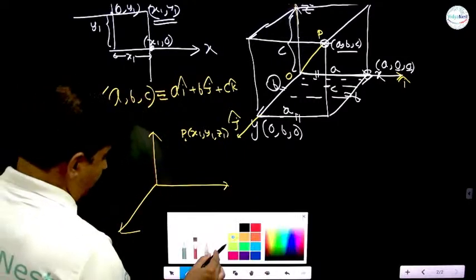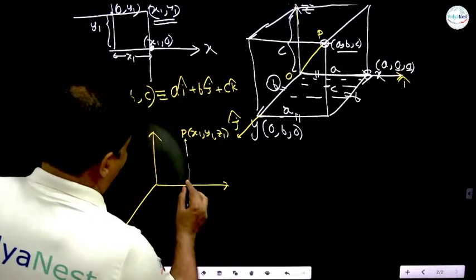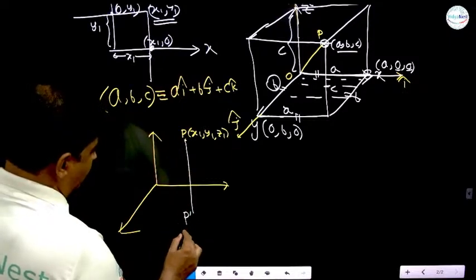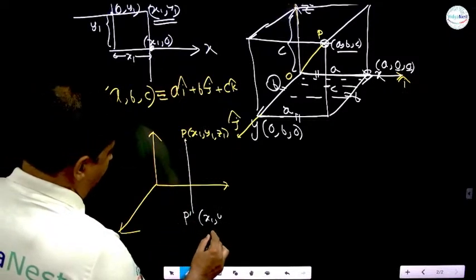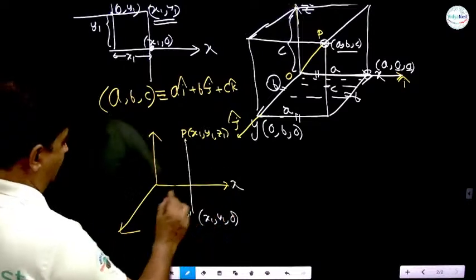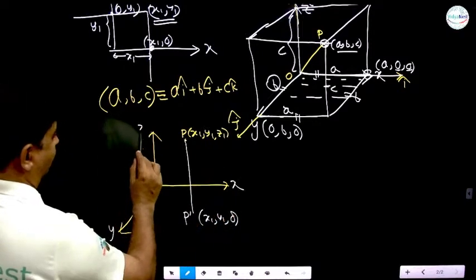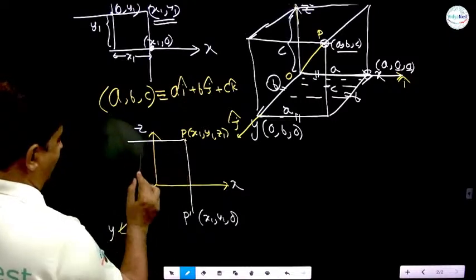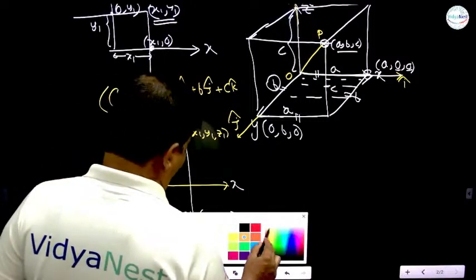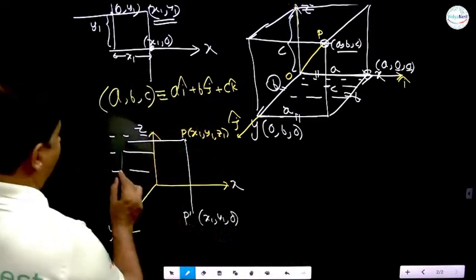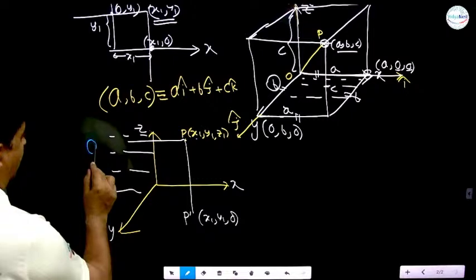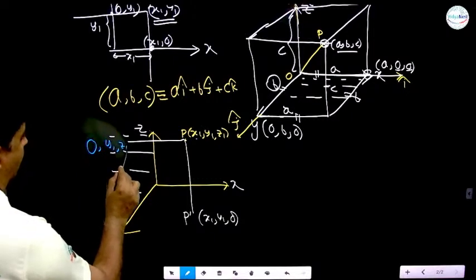See, from here, if I drop a perpendicular, I will get the foot of the perpendicular, that is P dash (x1, y1, 0). Okay, this is called the foot of the perpendicular. The foot of the perpendicular lies on the xy plane. Now if I drop a perpendicular on the yz plane, then the foot will be what? Here on yz, which component will be 0? x. So (0, y1, z1).